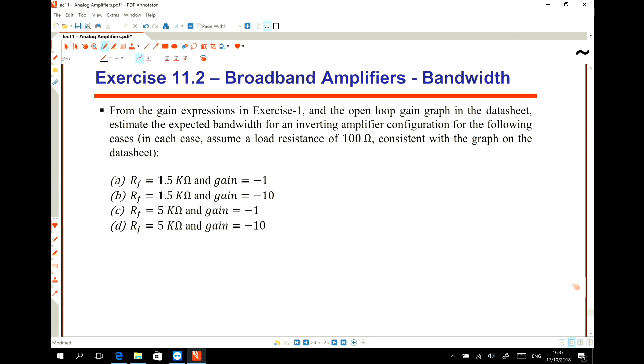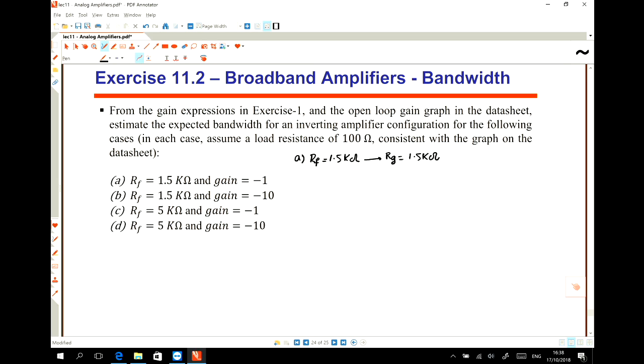So in case A, if we put RF equals 1.5 kilo ohm and gain is equal to minus 1, then we can say that RG is also 1.5 kilo ohm.